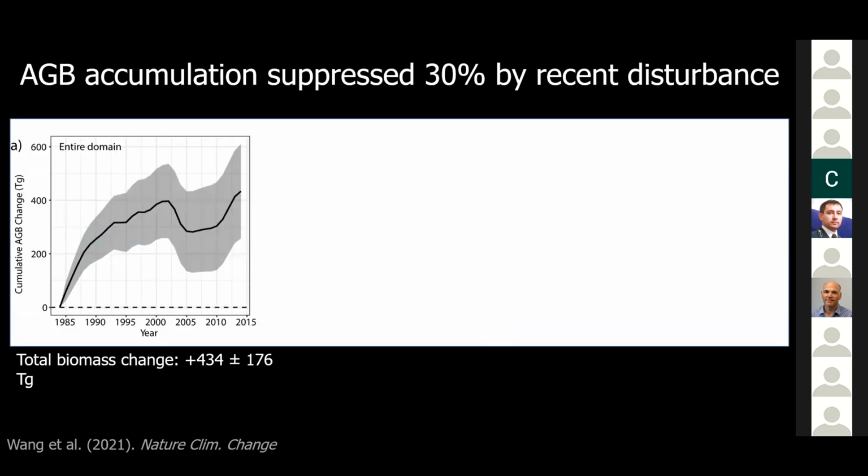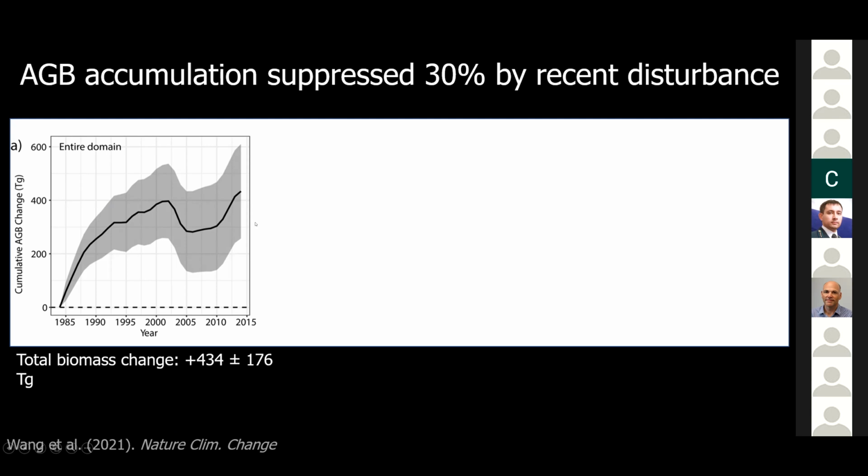If we sum up across the whole domain, we see roughly an increase in above ground biomass, but there's a lot of temporal complexity across the 31 years. Over the first 20 years or so, there's been a strong increase in above ground biomass that gets rapidly reversed in this big fire year in 2003, 2004 in Alaska.